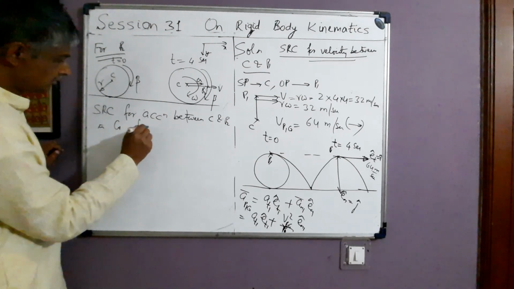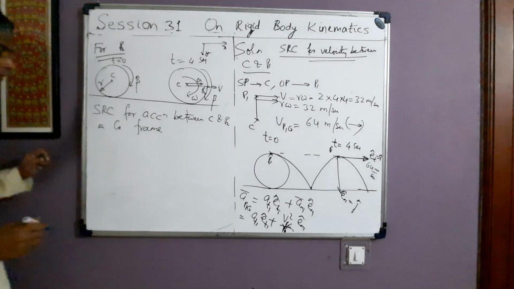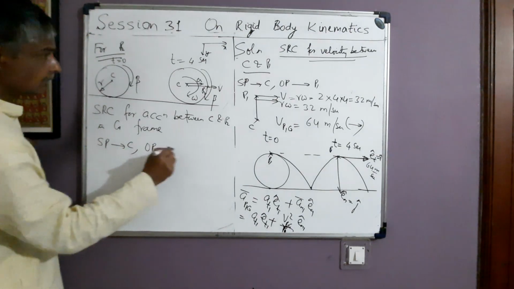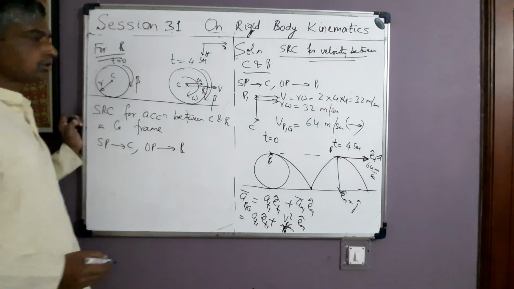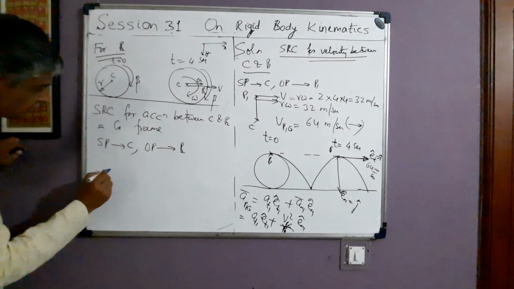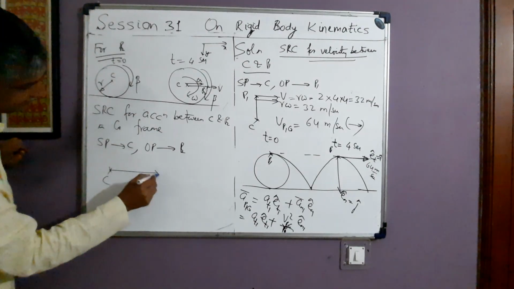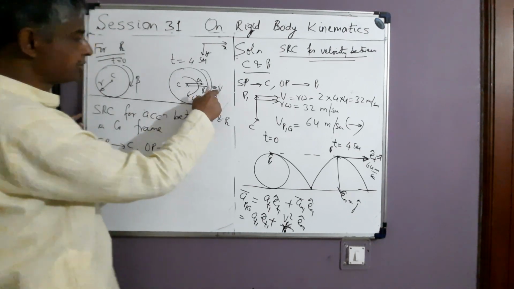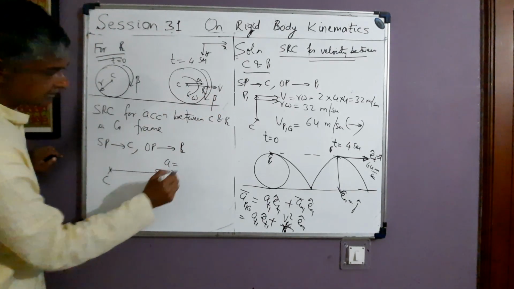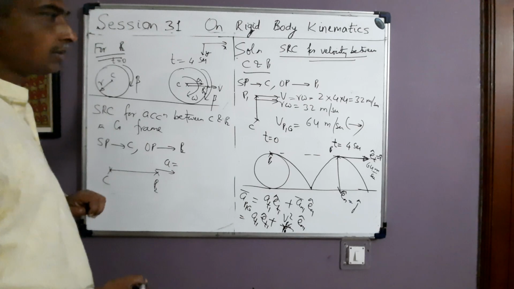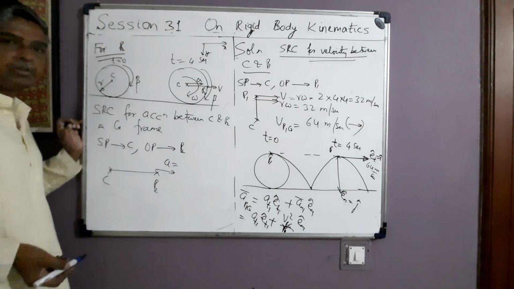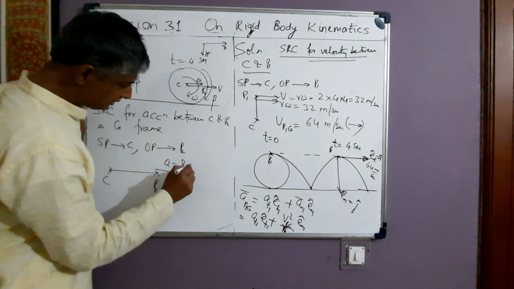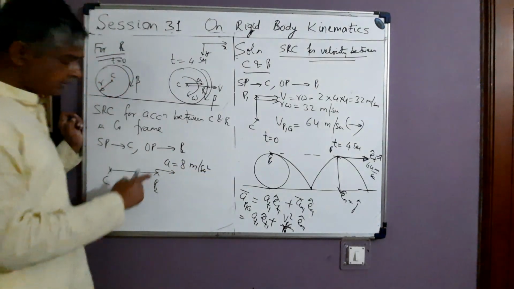So first of all, SP is C, OP is P2. Then I draw the line joining C, SP and OP, that is line CP2, which is horizontal. Now I give the acceleration of the selected point C to point P2, which is A. A, as I have determined previously, is just R beta. R is 2, beta is 4. This is 8 meter per second square.